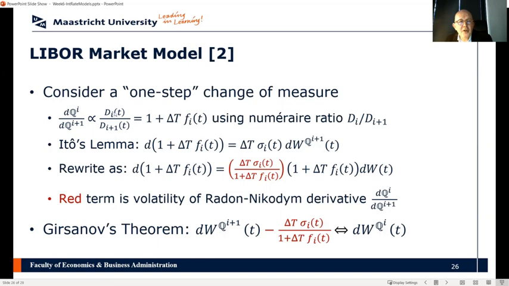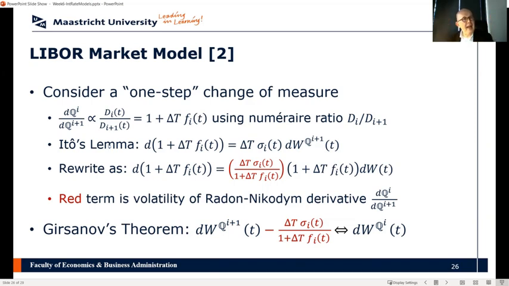But this ratio of D_i over D_{i+1} is actually a very simple formula of the forward LIBOR rate. It's 1 plus delta T times the LIBOR rate F_i. So the numeraire ratio, D_i over D_{i+1}, is a very clean function of the forward LIBOR rates, 1 plus delta T F_i.